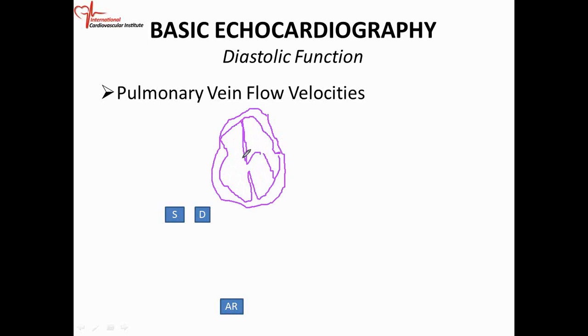Just assume that this is a normal heart. What you do is trace the left atrial border. This is a 4-chamber view. And this is exactly how you don't want to do it. It's supposed to be inside the left atrium.